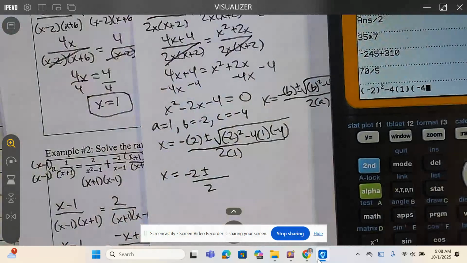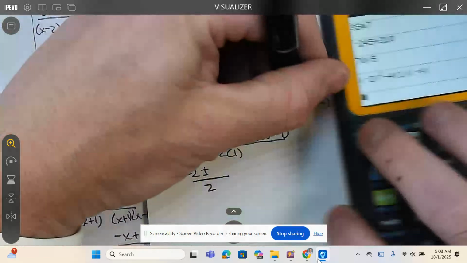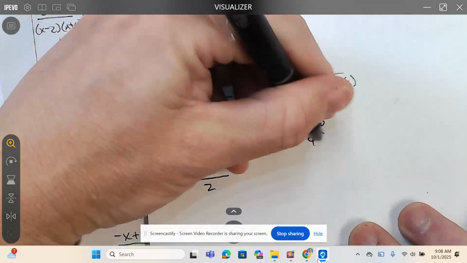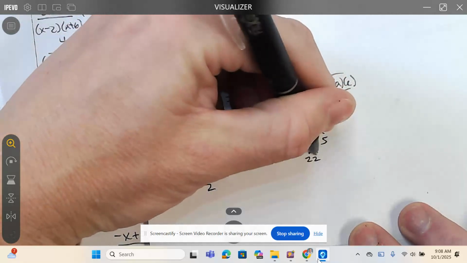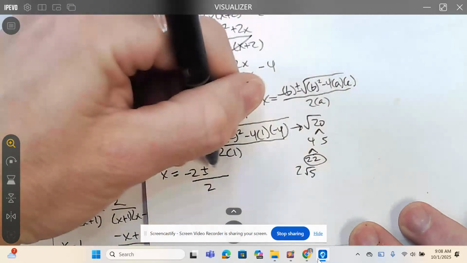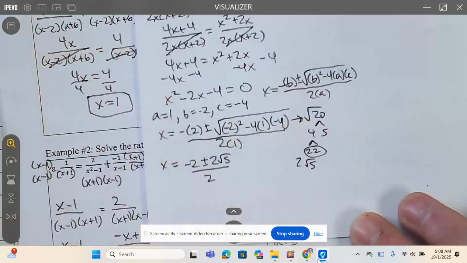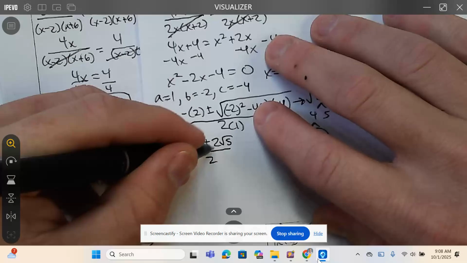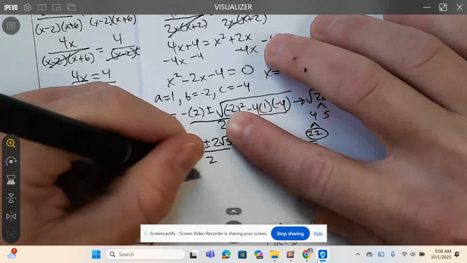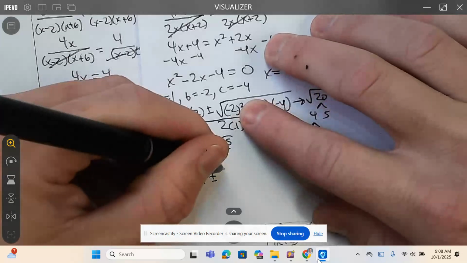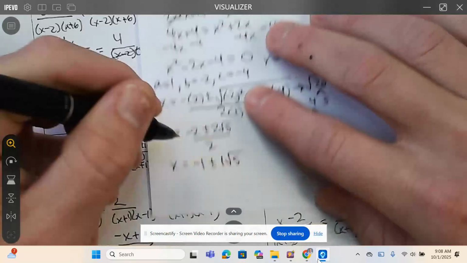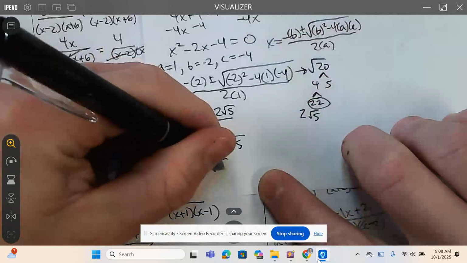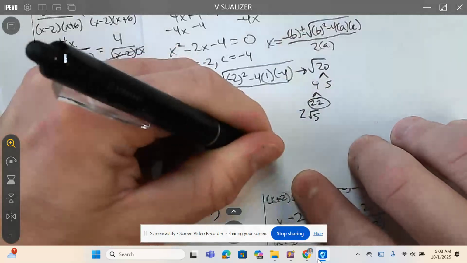As I said, square root of 20. So I got to break down the square root of 20. 4 and 5, 2 and 2. So this would be 2 square root of 5. I can divide each piece by 2. So x equals negative 1 plus or minus 1 square root of 5. And so my answer is going to be negative 1 plus square root of 5, and then negative 1 minus square root of 5.